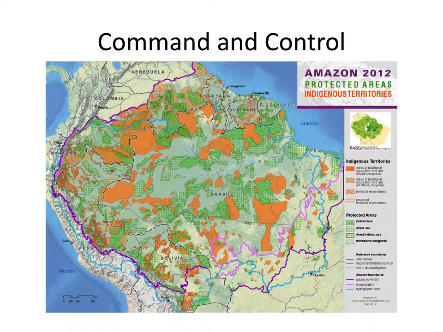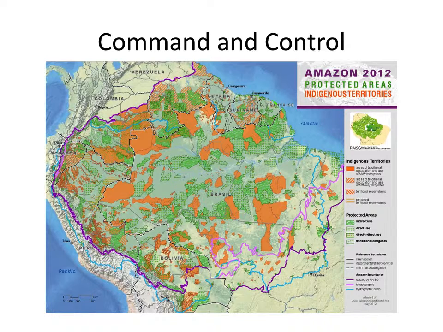So this is a map of the Amazon rainforest, the whole Amazon rainforest, including the parts in Brazil as well as the neighboring nations. And the map describes different types of protected areas, and we'll go through them one by one.